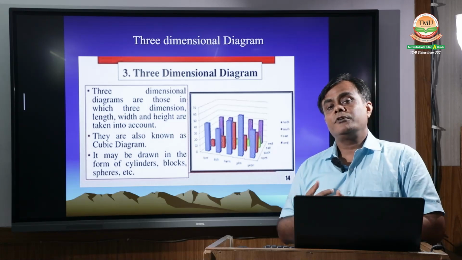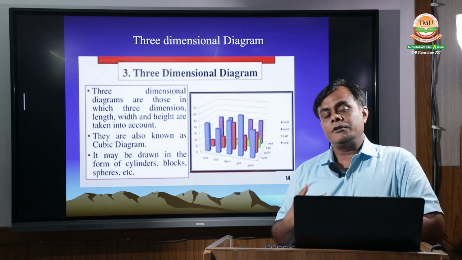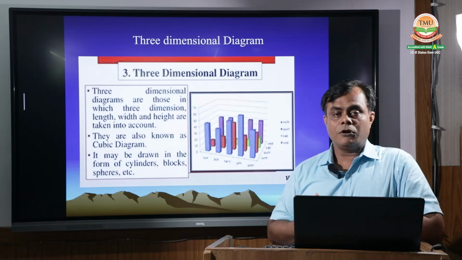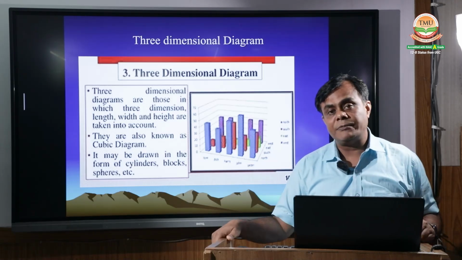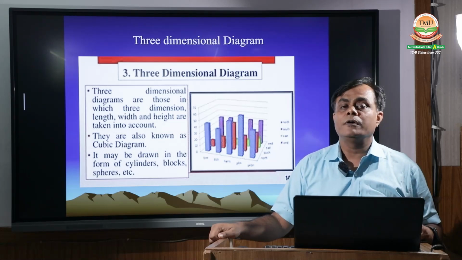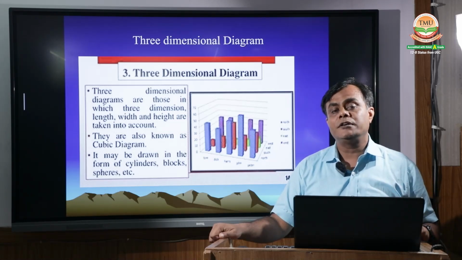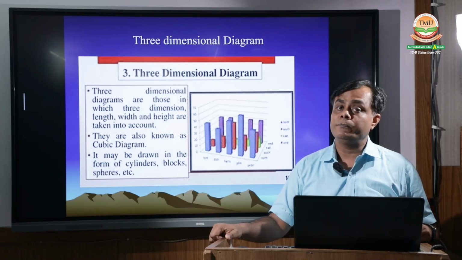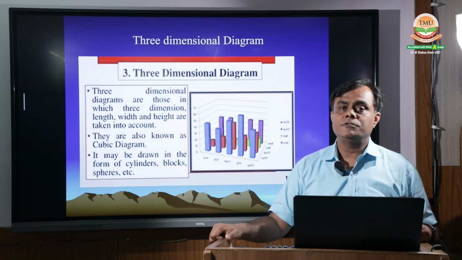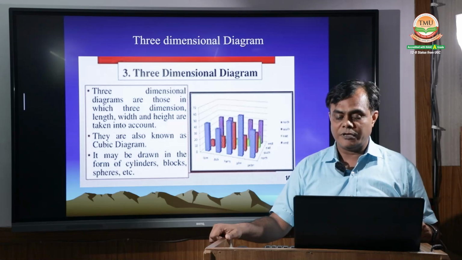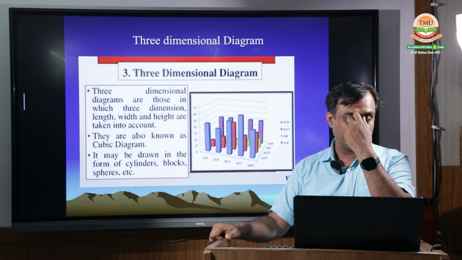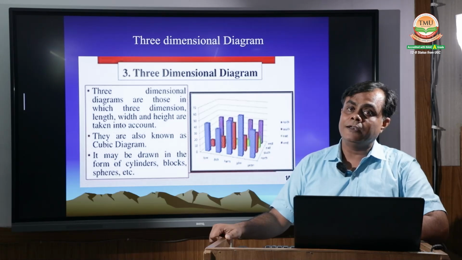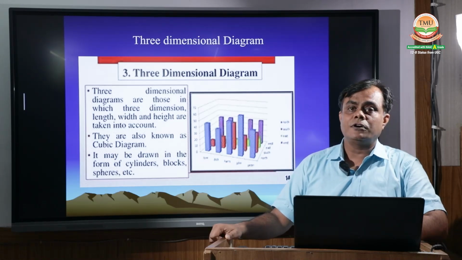So the degree of interest or understanding increases in a diagram presentation, and if the diagram is in three dimensions, the reader's interest increases in a much better manner, because a three-dimension diagram increases the understanding level as well as the memory level, and also increases the interest of the viewers.